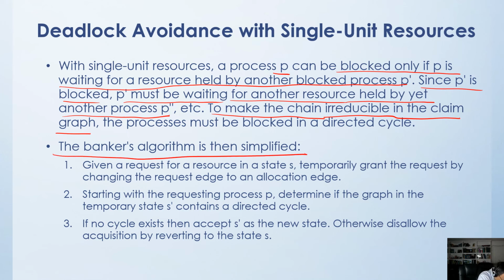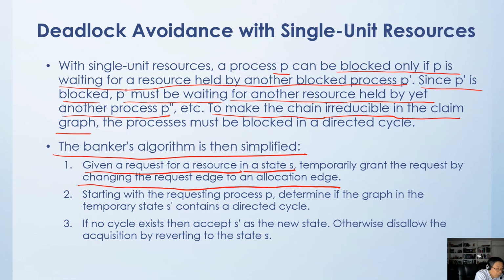So now the Banker's algorithm can be simplified as follows. Again, given a request for a resource in a state S, currently there's a resource claim graph. Then we temporarily grant the request by changing the request edge to the allocation edge, from request to allocation.